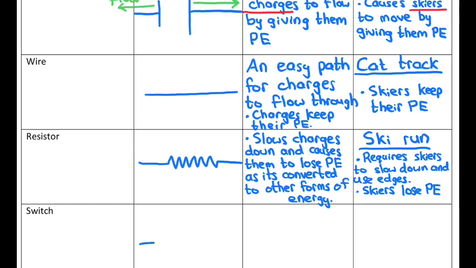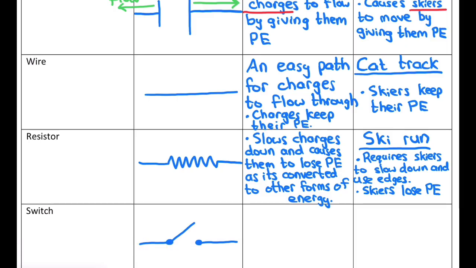Another thing we'll find in a lot of our circuits is a switch. The symbol for a switch will look like this. And the idea here is we've got a wire coming along and then a wire on the other end, but they're not connected because this wire in the middle is sort of on a hinge, and that allows it to flip up and down, either making a closed circuit when it's down that charges can flow through, or an open circuit when it's up that charges can't flow through.